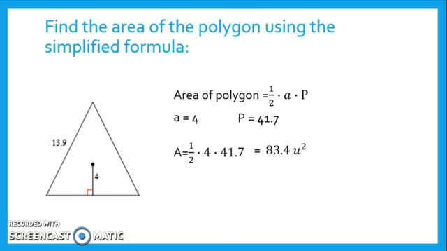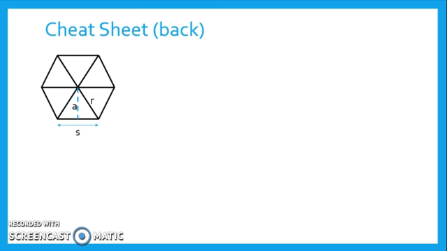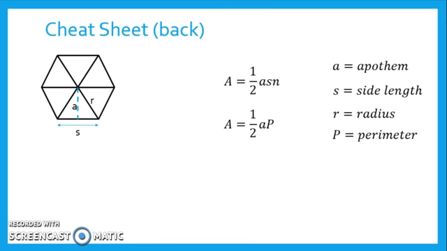Now to fill out our cheat sheet, and this is going to be on the back. You're going to want to draw this hexagon here. The idea is we split it into triangles. A is the apothem, S is the side length, R is the radius. The formula is A equals 1/2 A S N, or 1/2 A times P. P is the perimeter, N is the number of sides.